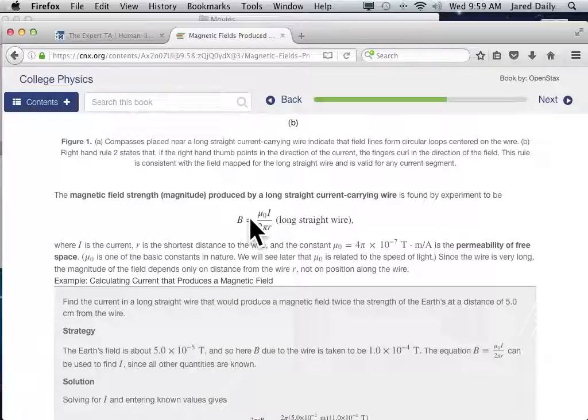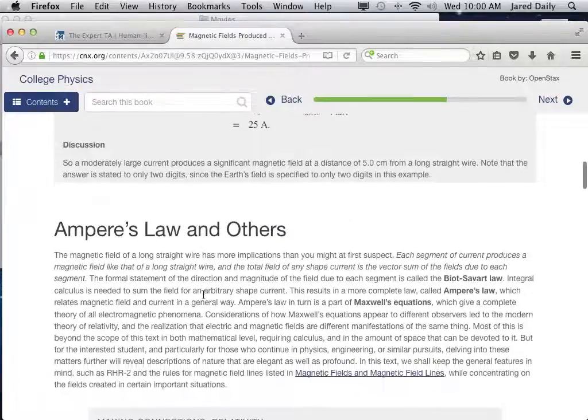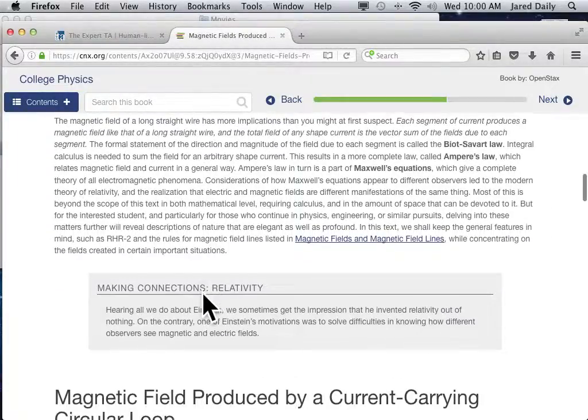The Earth's field is about 5 times 10 to the minus 5, so we're going to look at something that's about 1 times 10 to the minus 4. We plug all those numbers in, and we get a 25 amp wire can create a magnetic field 5 centimeters from it, about 2 inches or so, that is twice as strong as Earth's magnetic field. Earth's magnetic field is not that strong in most cases.